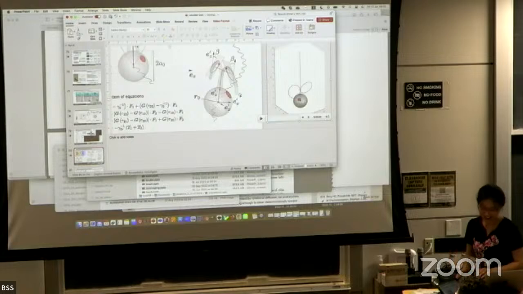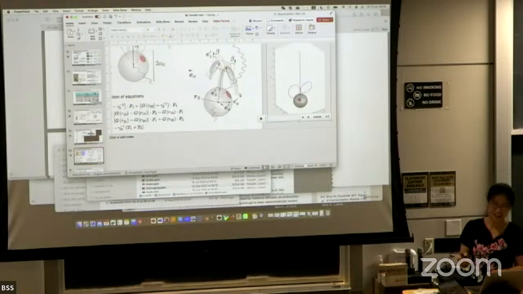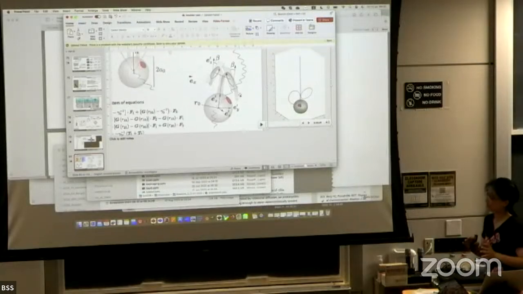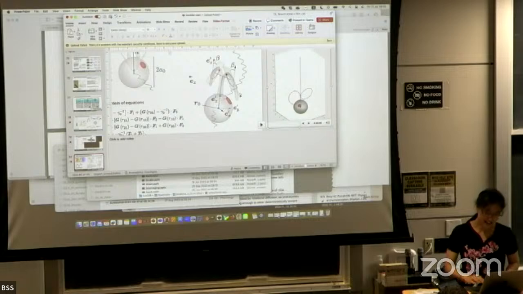So the idea is that we're rotating, so each of the spheres beat in their own planes. So we're rotating the planes relative to each other, basically. And this angle beta can then be estimated from the experiments.